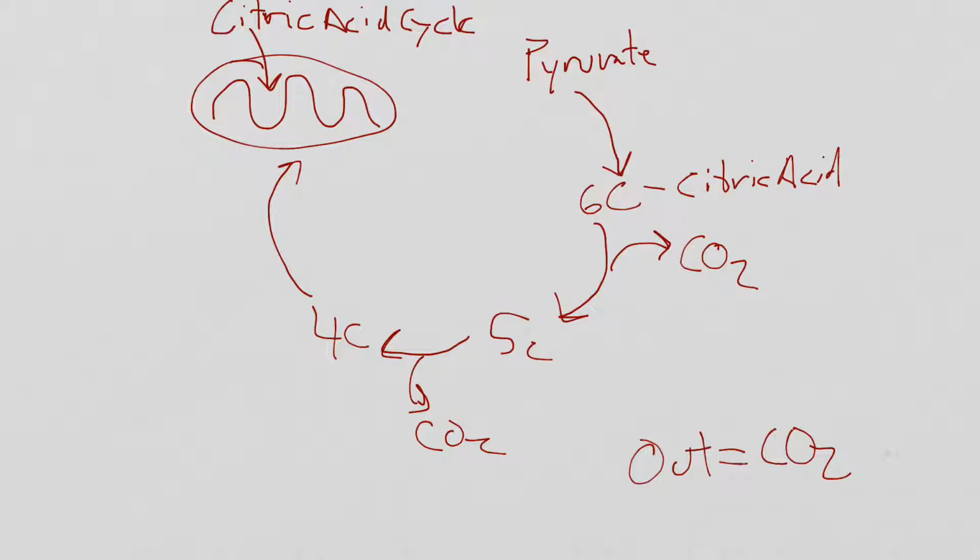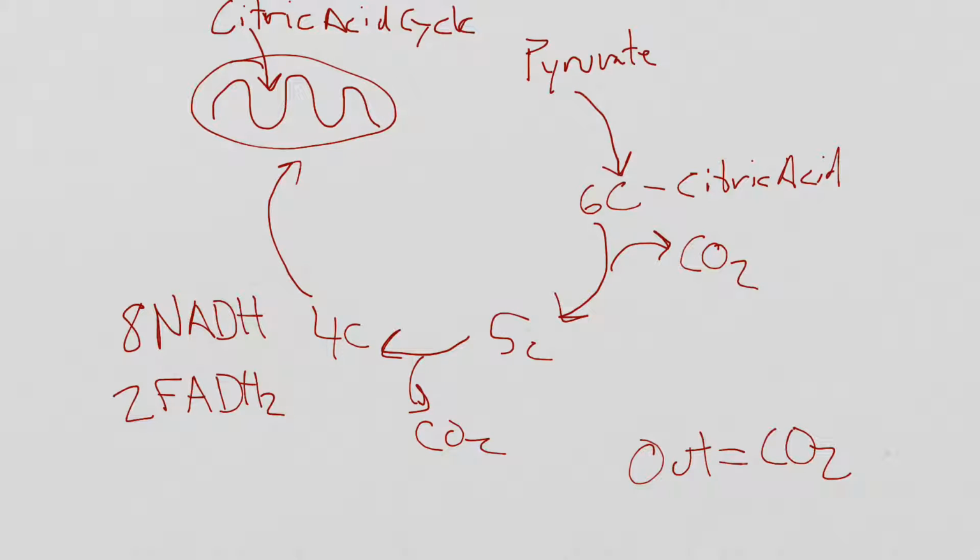So by the end of this whole process with the citric acid cycle, you are going to end up with 8 NADHs, and you're going to end up with 2 FADH2s. Okay, and that is just another type of electron carrier.